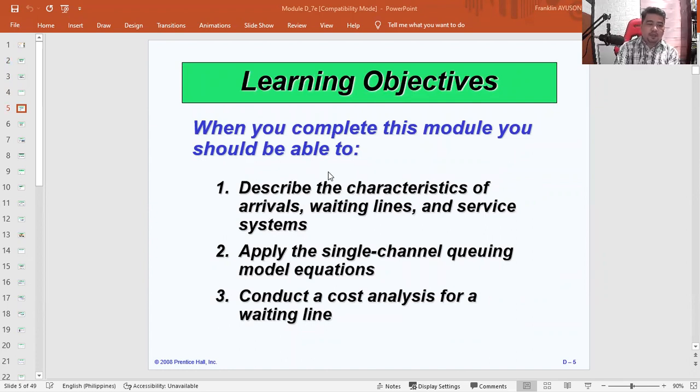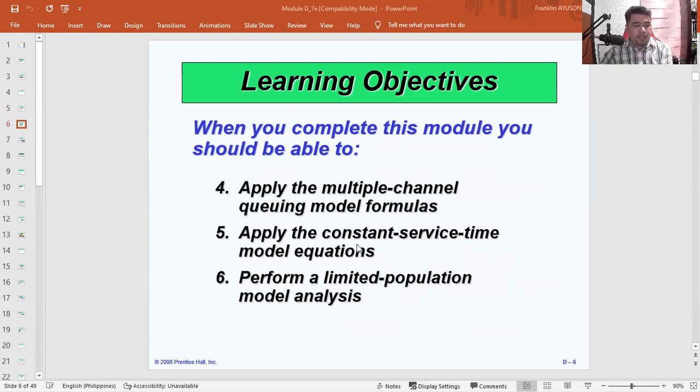Number two, apply the single channel queuing model equation. And number three, conduct a cost analysis for our waiting line. Another is to apply the multiple channel queuing model formulas, apply the constant service time model equation, and perform a limited population model analysis.